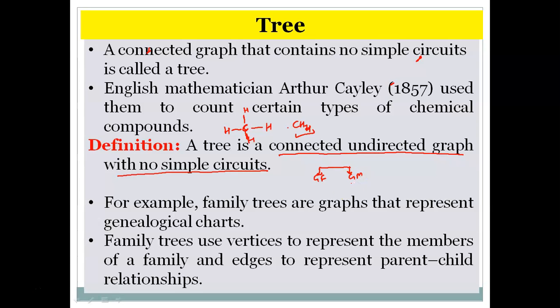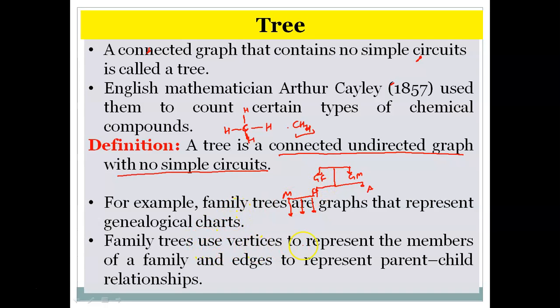Then after that we have our parents, maybe here father, and here maybe aunt, and then father and mother. Mother is from some other tree. Then there are children, maybe 1, 2 or 3, like that. So it forms a family tree structure here. So this is also an example of a tree.